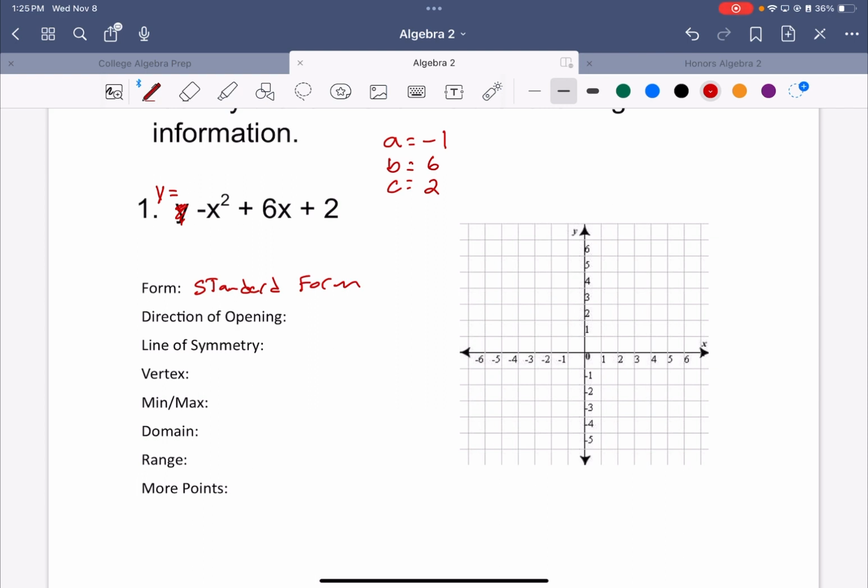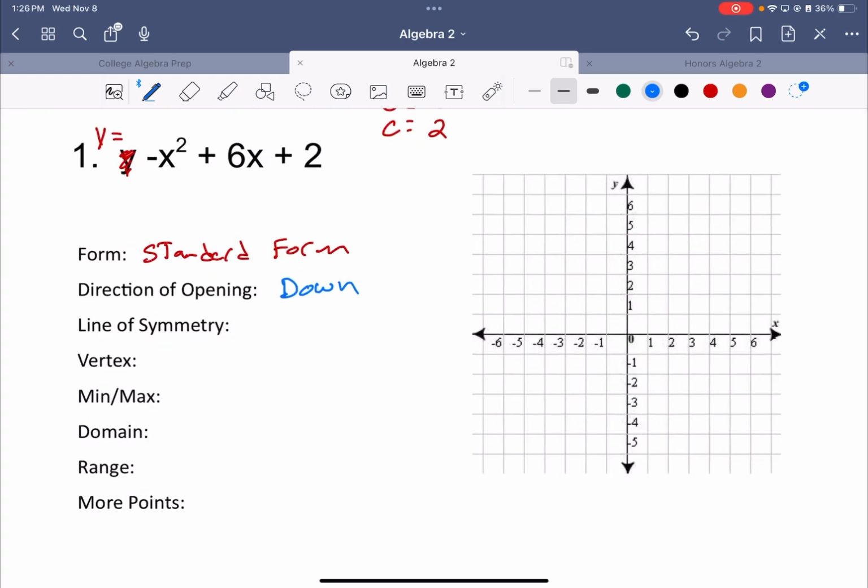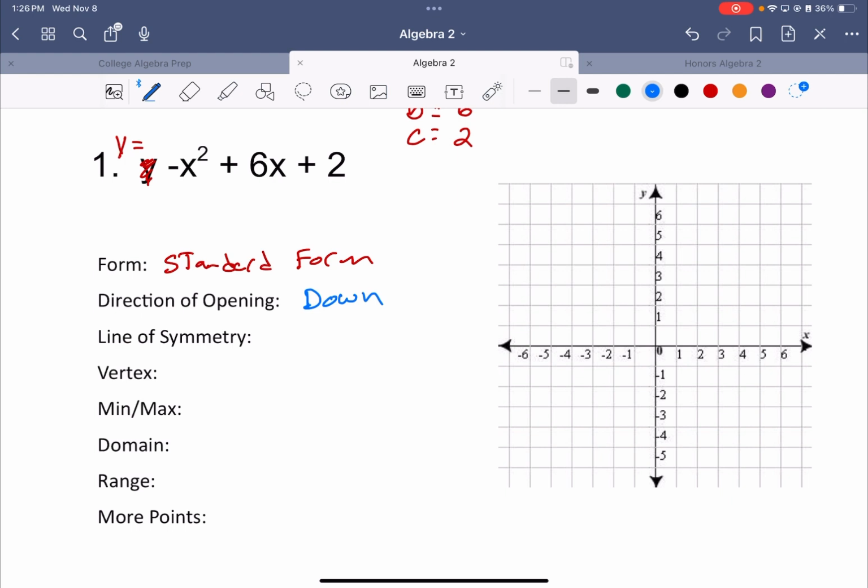Direction of opening was found by looking at your A value. If the A value is negative, did it go up or down? Down. Says A is negative 1, this is going to go down. Next thing we had to find was the line of symmetry. Remember, we found the line of symmetry by using the formula x is equal to negative b over 2a.